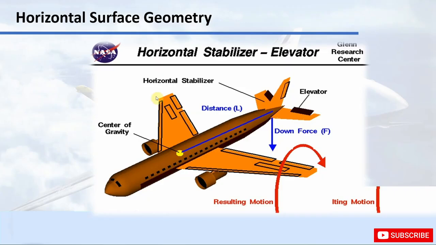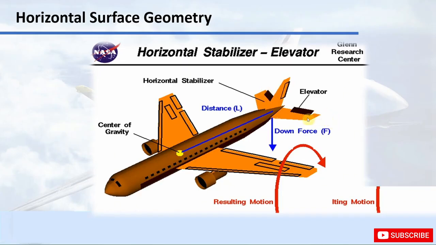You just need to know that the horizontal surface has nothing to do with the elevator of the aircraft. The elevator is a part of the whole surface. So in this section, we're going to first estimate the characteristics of our horizontal stabilizer, or our horizontal surface, which is basically the same.